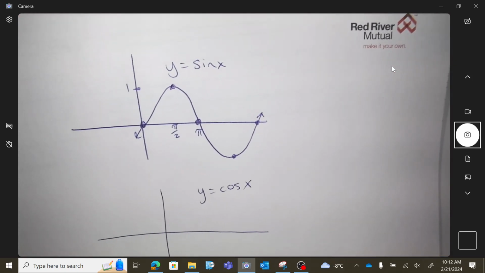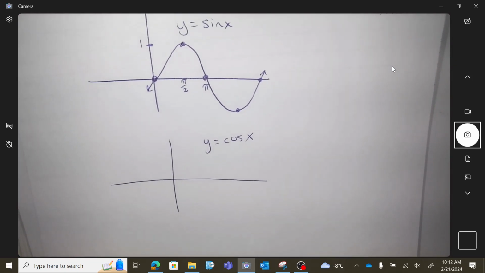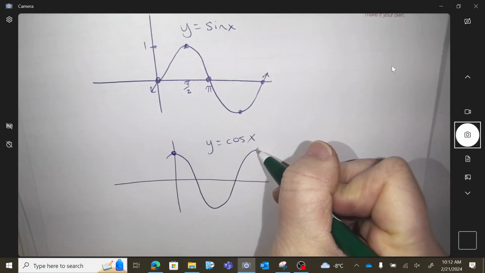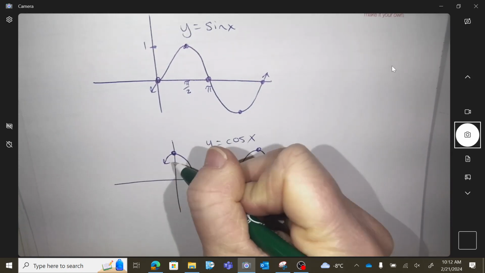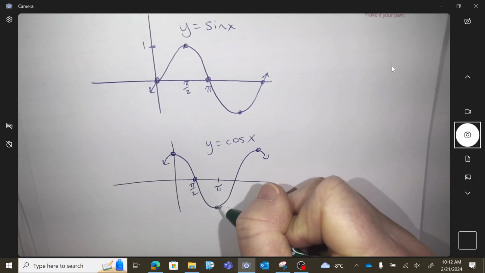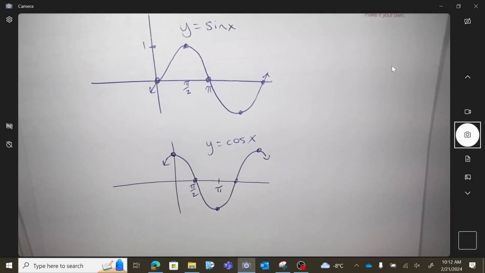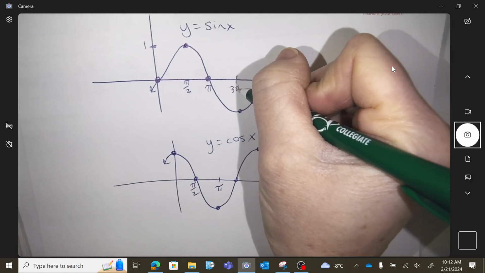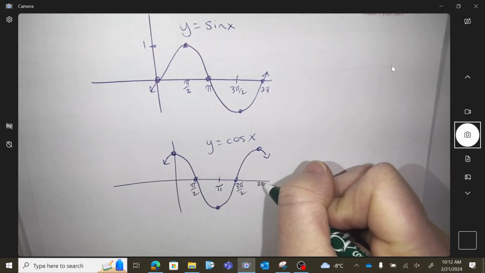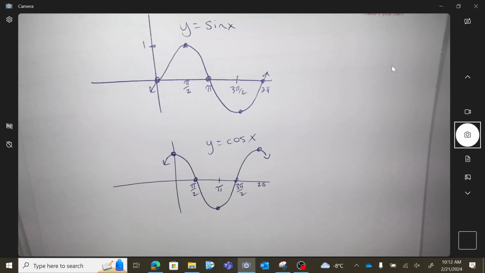And then what was the difference with the cos? Starts at the top. Okay, so do the derivatives make sense?